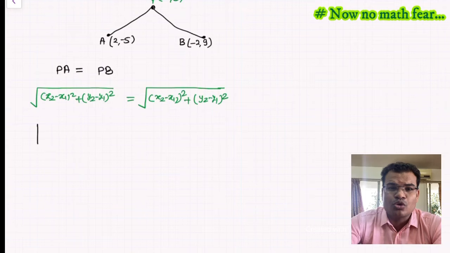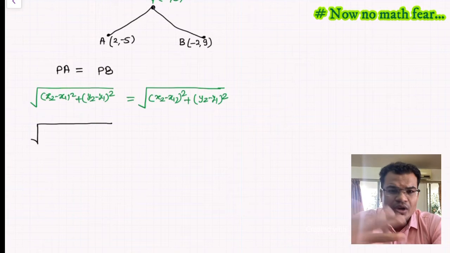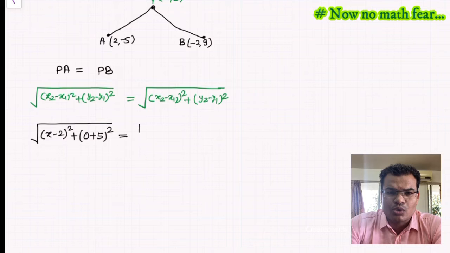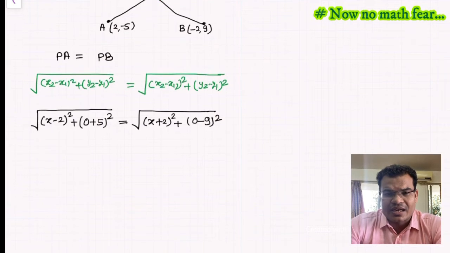So very first, x2 minus x1 is (x minus 2) whole square plus (0 minus 5) whole square, is equal to PB. So it will be (x minus 2, that will be plus 2) whole square plus (0 minus 9) whole square, the value under the second root.